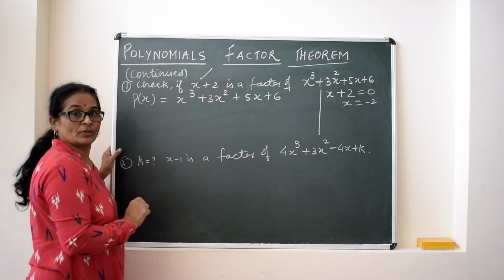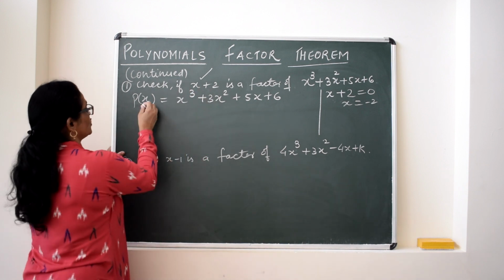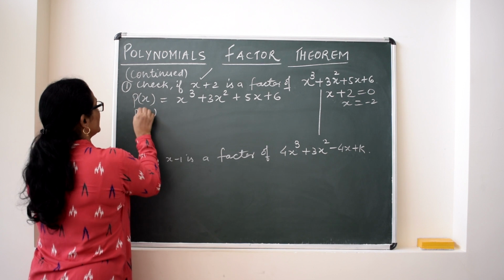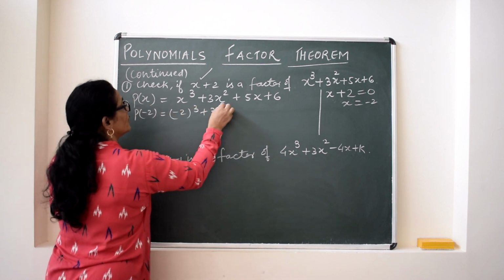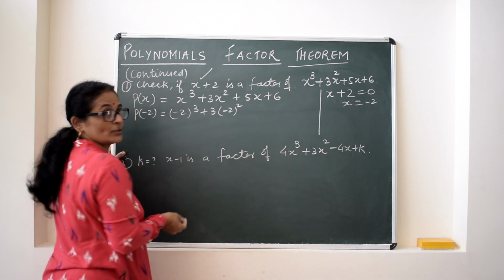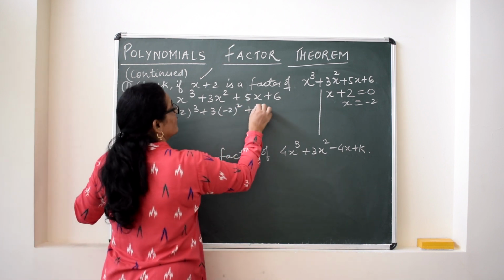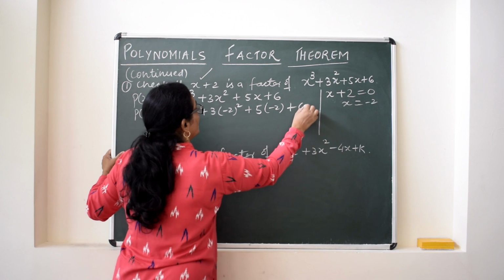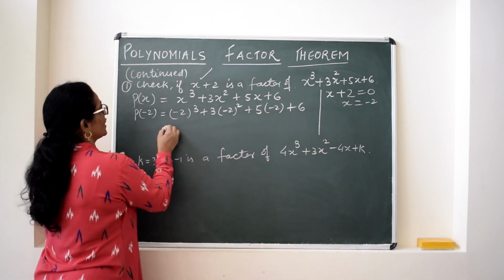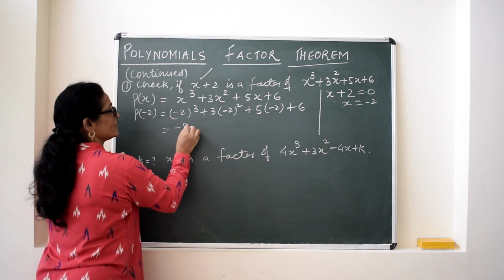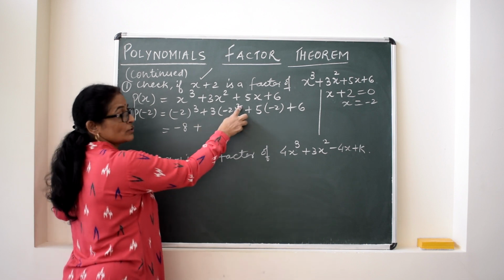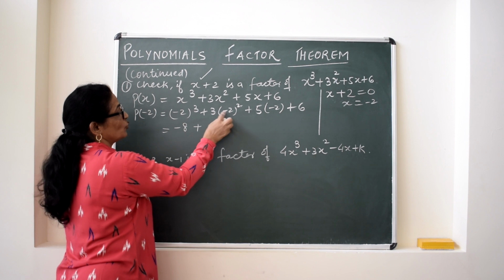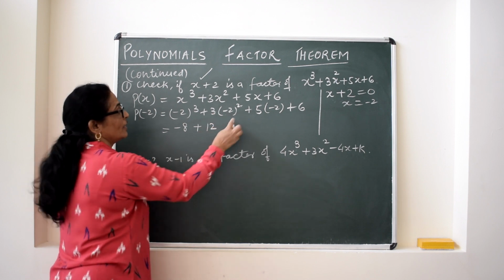So we will substitute the value of x as minus 2. p of minus 2 will be minus 2 cube plus 3 into minus 2 square plus 5 into minus 2 plus 6. Now minus 2 cube is minus 8, plus 3 into 4, since minus 2 square is 4. 4 threes are 12.